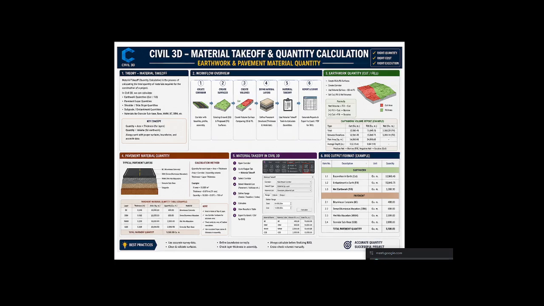This image shows the complete workflow of material takeoff and quantity calculation in Civil 3D. Instead of remembering different commands, just remember this workflow. Once you understand these six steps, you can generate accurate quantities for any type of project. Now, number one, material takeoff theory part.